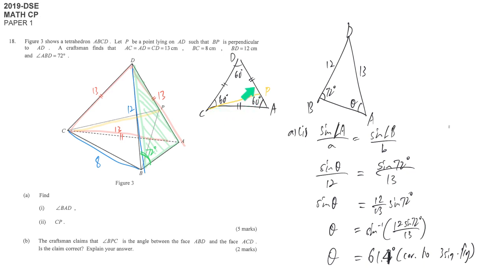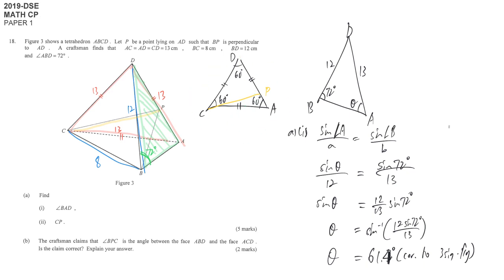That means, is this angle 90 degrees? Then you double check. They never mention this one is perpendicular. They just tell you BP on this plane is perpendicular to AD, but they didn't tell you whether CP is perpendicular to AD, so you can't use that method.